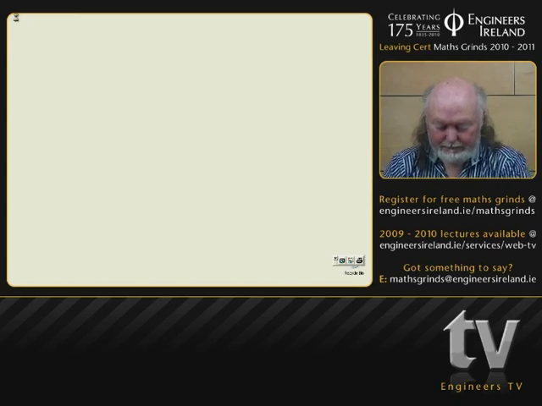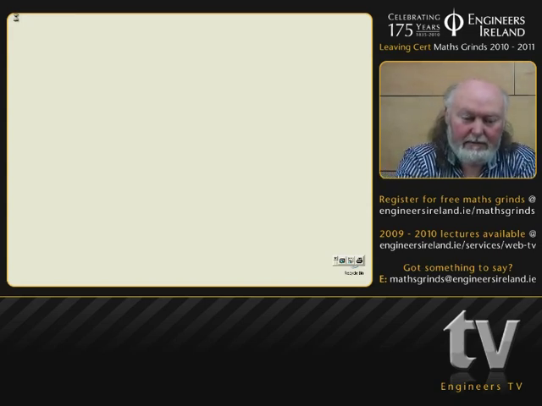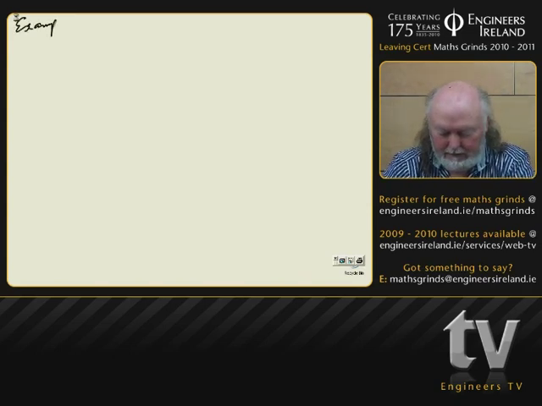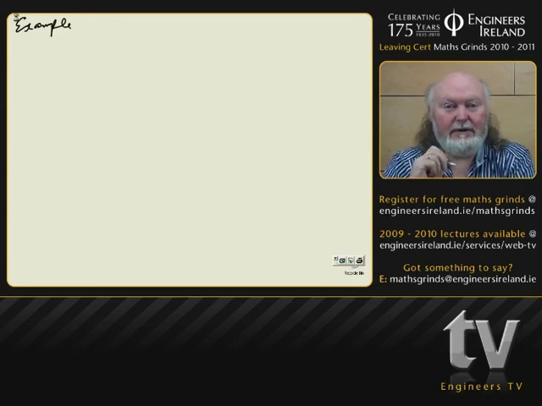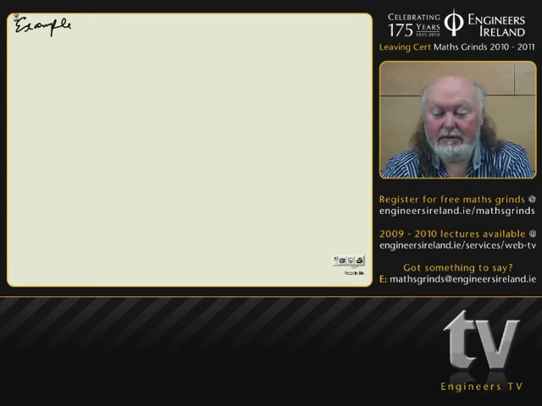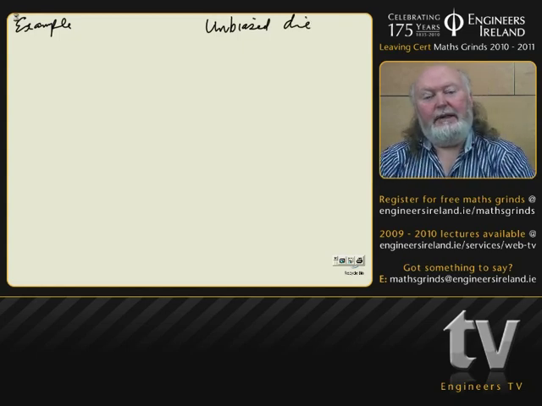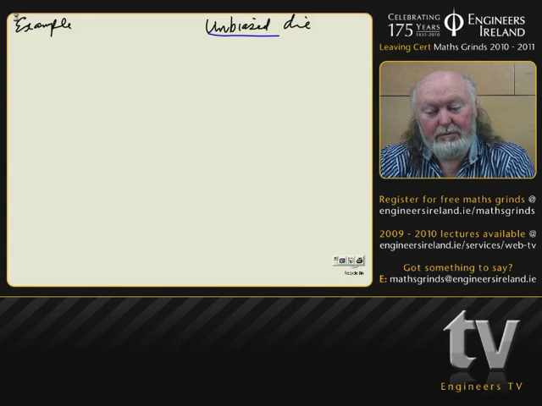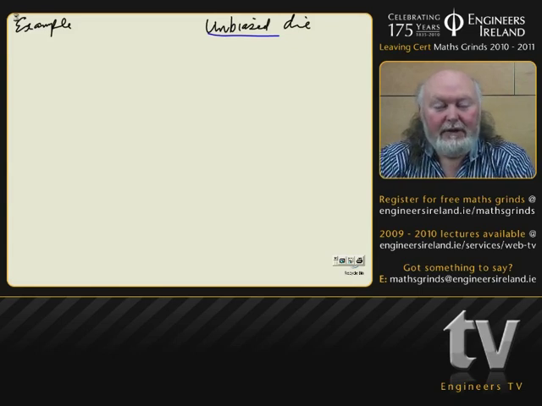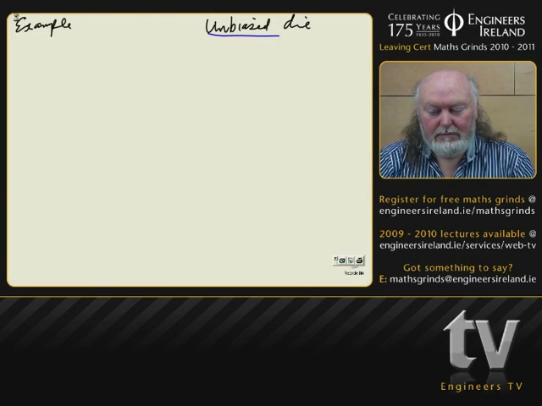For example, an unbiased die. See that word coming in? Like a standard pack of cards, an unbiased die. They're very important words. Otherwise, the probabilities that we'll be talking about will have a skew and be unfair, and it'll have a bias.